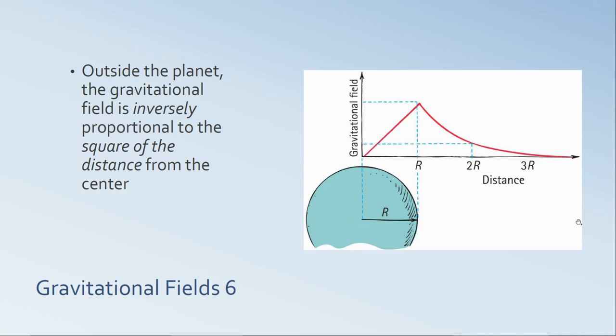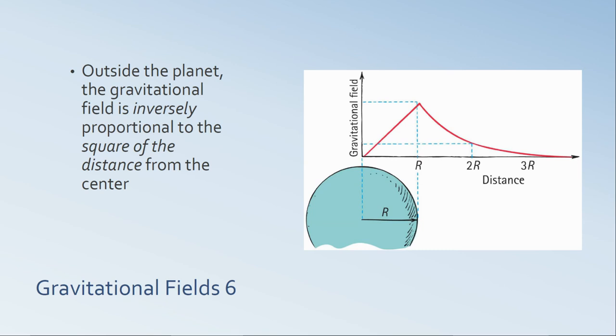So here in this graph, as we move from the center towards the surface of the planet, the gravitational field increases. And at the surface of the planet, the gravitational field at that radius is the greatest. Then as we move away from the planet, now we have 2 radii, a distance of 2. 2 times 2 is 4.